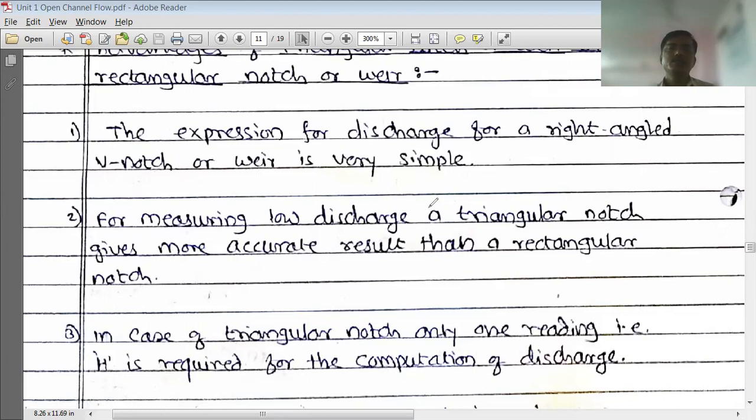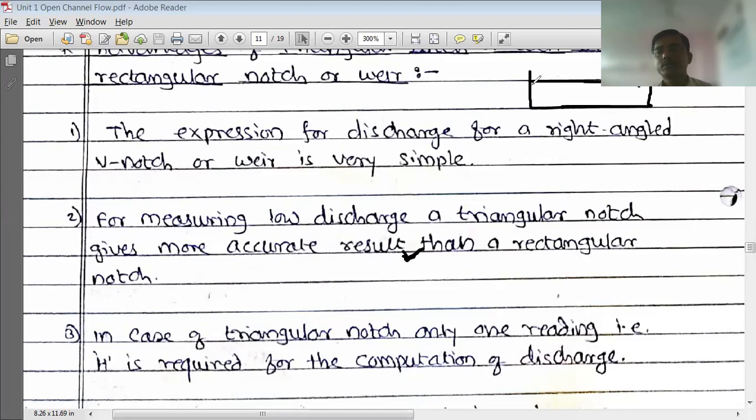The same is applicable in this case also, but the concept is somewhat different. For measuring low discharge in a rectangular notch, the width is more, and for a small difference in the pressure, there is a small difference in the discharge.